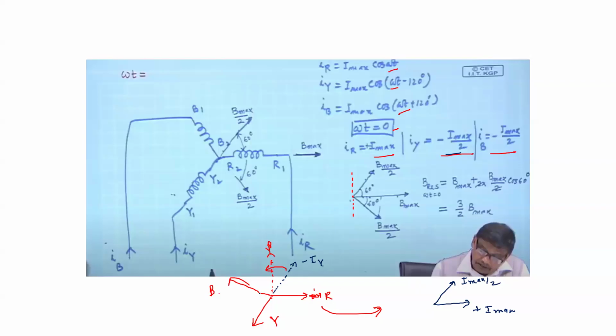IB is also minus I max by 2, so this is minus IB, which is I max by 2. We know this whole angle is 120 degrees, but because this is coming at the midpoint, this angle is 60 degrees, and this angle here is another 60 degrees.